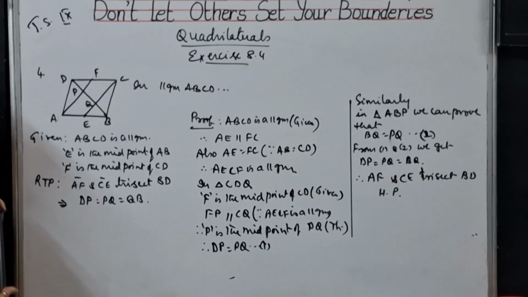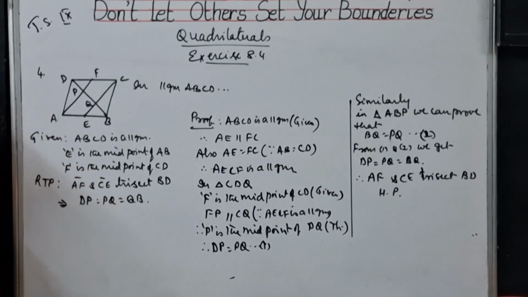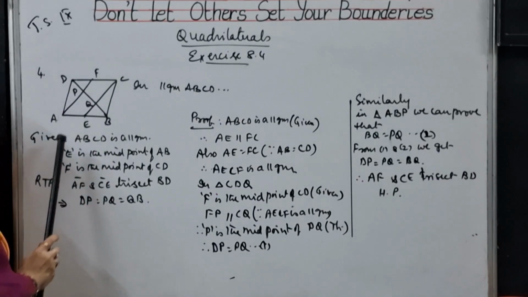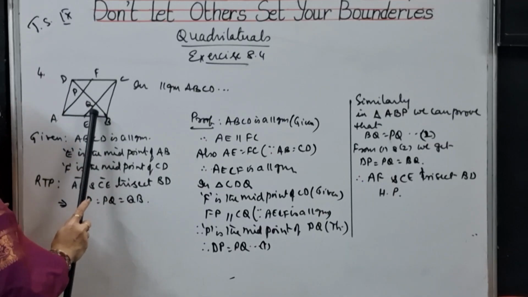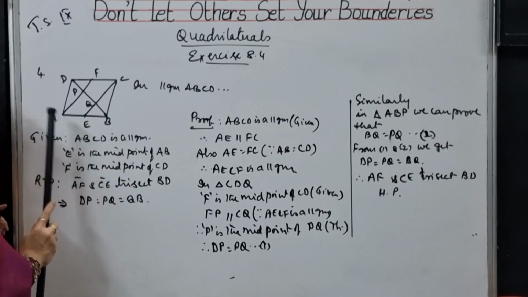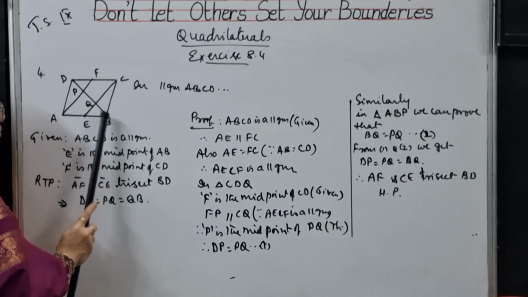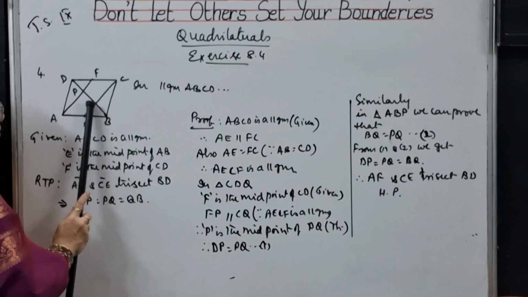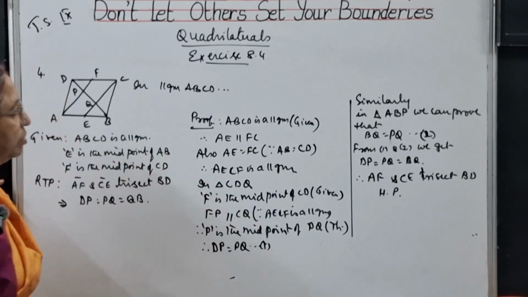So, basing on that, DP will be equal to PQ. P will be the midpoint. Similarly, in triangle ABP also, we can prove that EQ is parallel to AP and E is the midpoint, so Q will be the midpoint of BP. So BQ is equal to PQ.